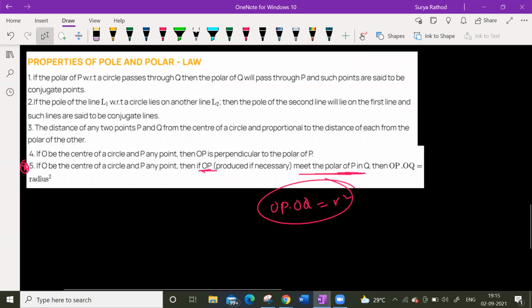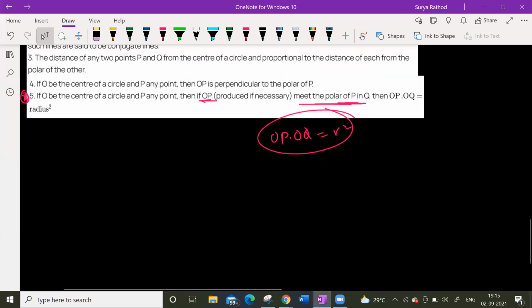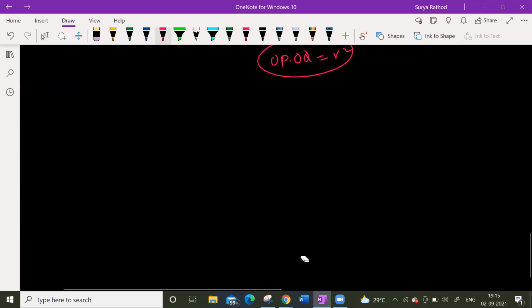Chalo. Then look at this here. Now we'll solve the question. We'll look at the formulas first. Pole of a plane.